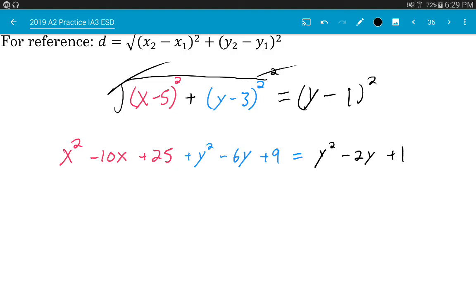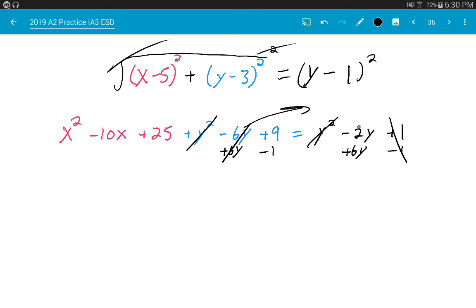I'm going to want to cross out these y squareds by subtracting them on both sides. I want to move my y's in this direction, so I'm going to add 6y. And I want to get y by itself. That's the goal. So let me get rid of this 1 too. Minus 1 and minus 1.